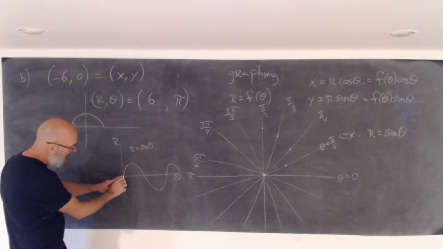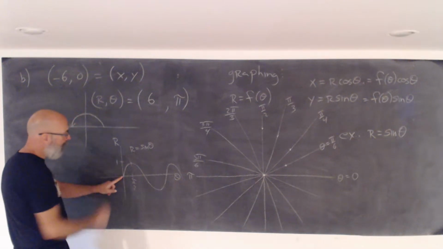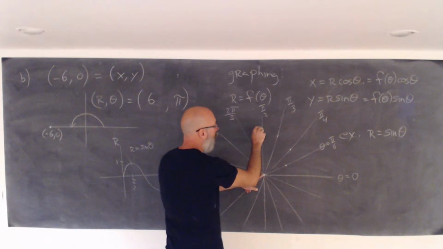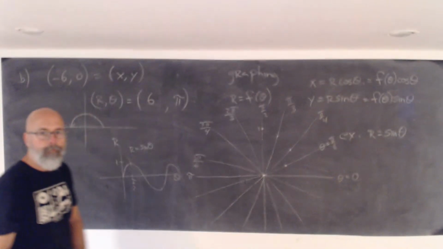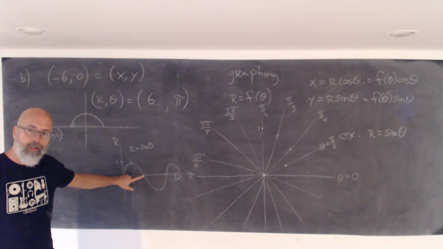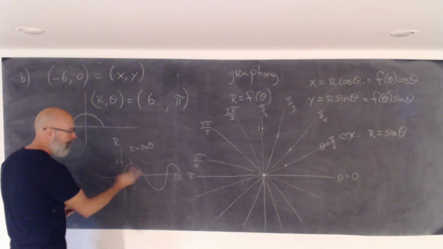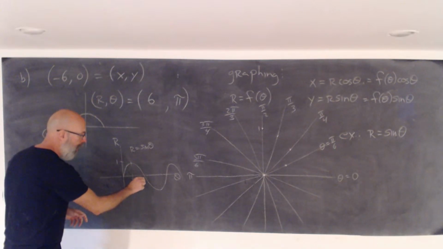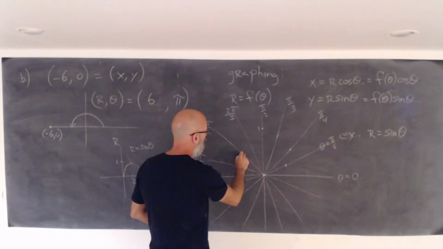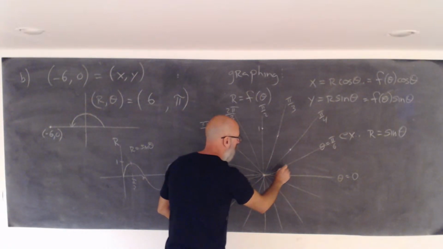It starts at 0, and then it's increasing all the way to 1 at pi over 2. Then what? Then you decrease back down to 0. And you see the symmetry? It decreases back down to 0 at pi in the same way that it increased before.